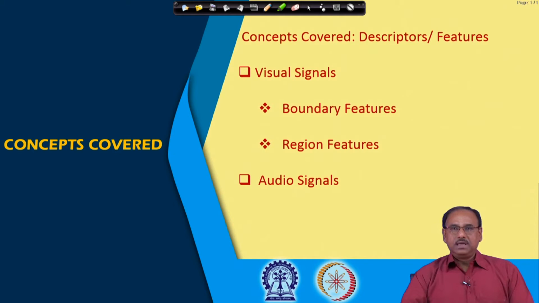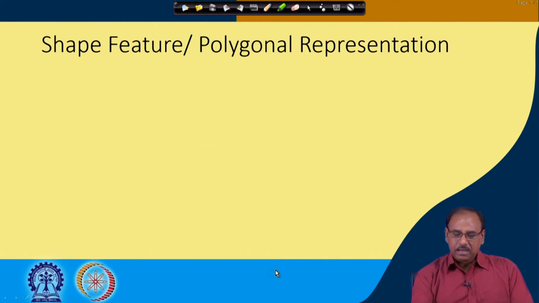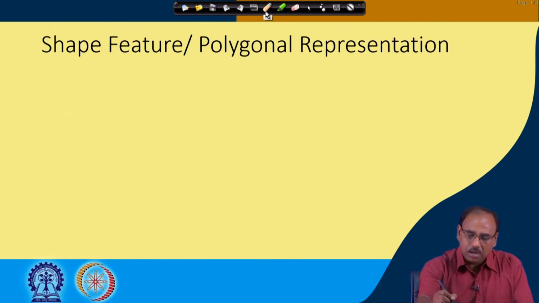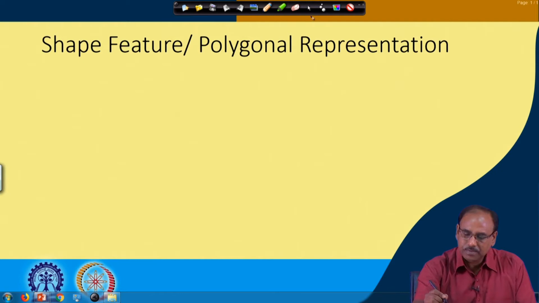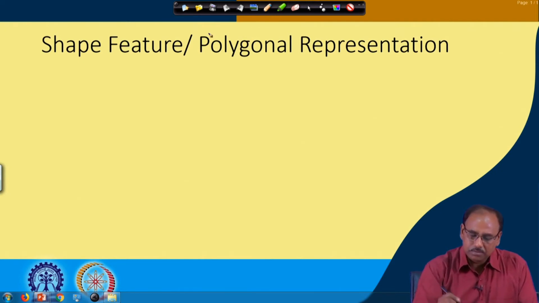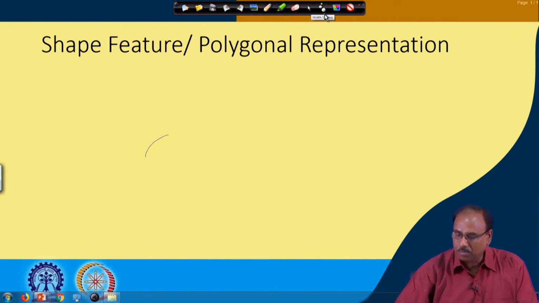So, firstly let us see how we can obtain the different types of boundary features, or how we can extract the boundary properties. For that, I will take a very simple shape. I take a boundary shape something of this form.